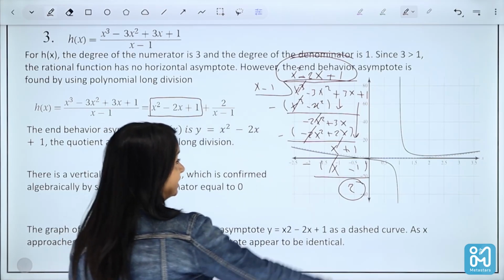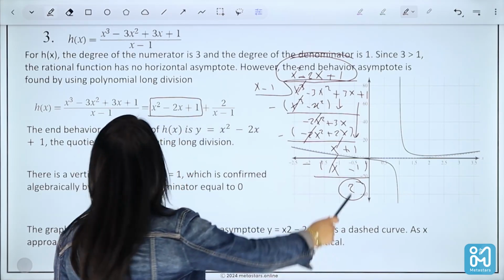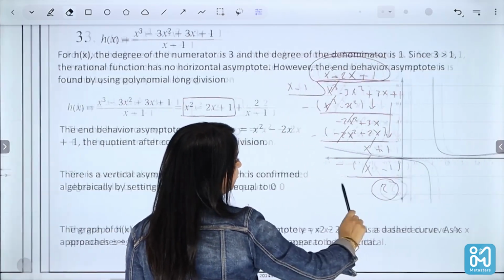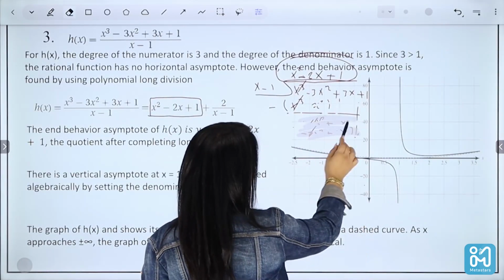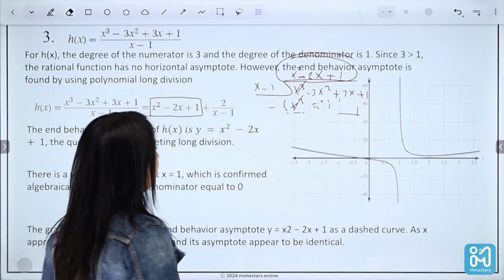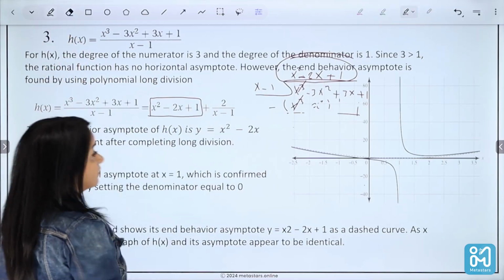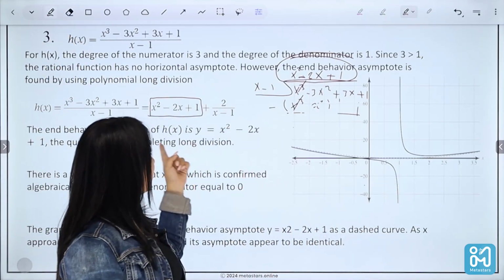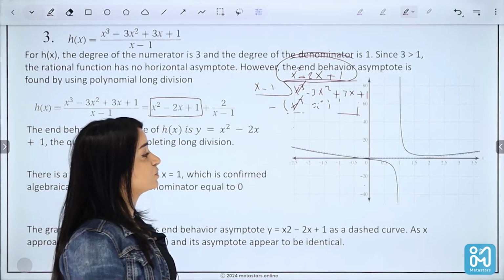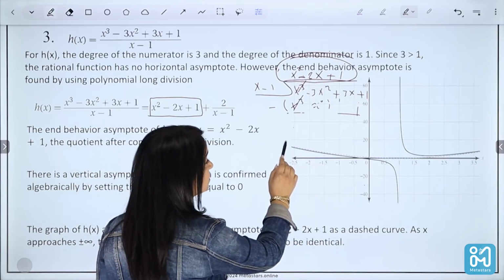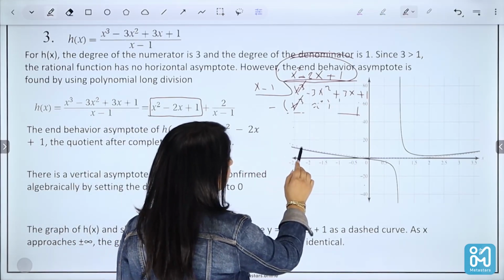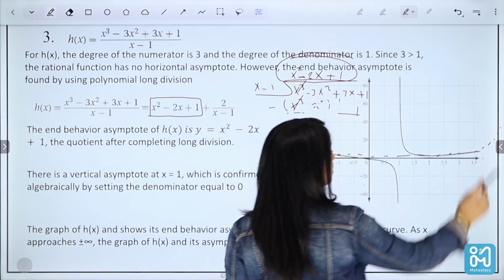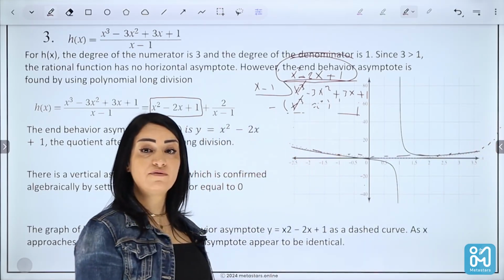So here, according to this graph, okay, let's erase the division to see the graph. So as we draw here the end behavior, the function we got, x squared minus 2x plus 1, the answer, we will get this one here. So what can we say about the end behavior now?